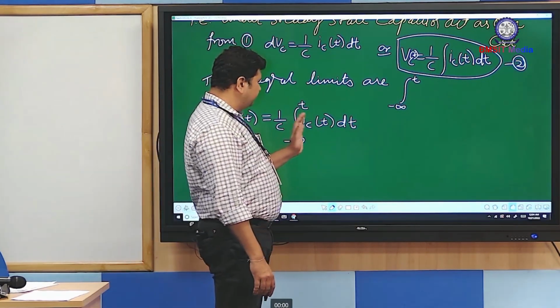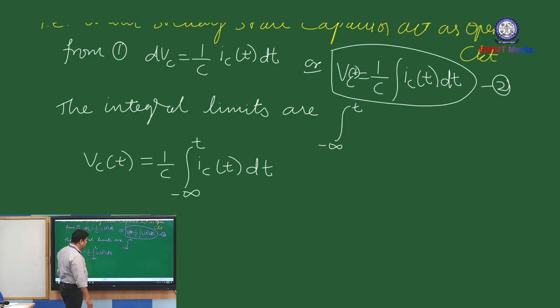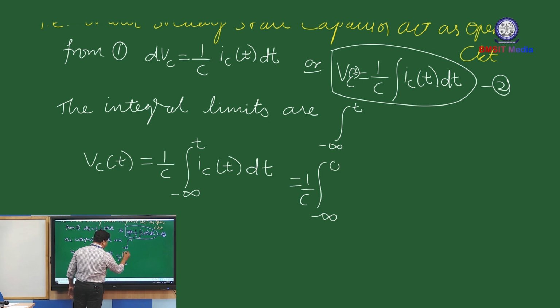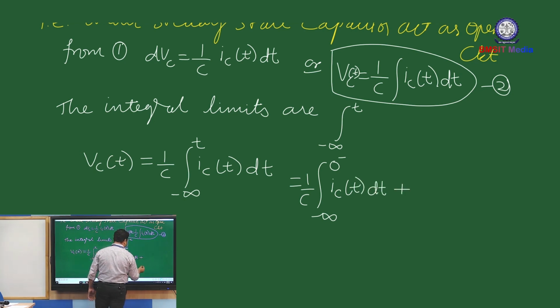Now again I can split the integration as 1 over C integration from minus infinity to 0 minus of IC of t dt, plus 1 over C integration from 0 minus to t of IC of t dt.